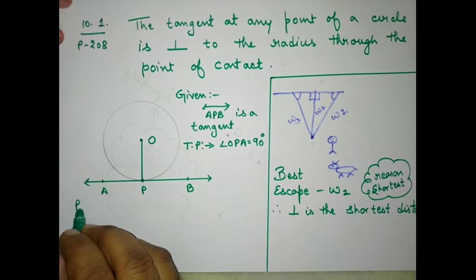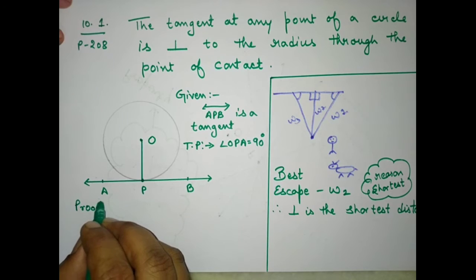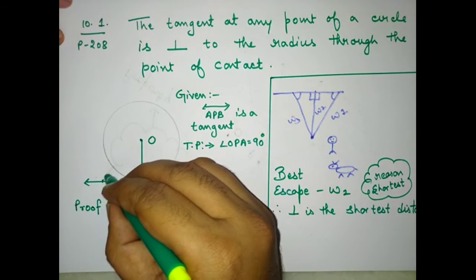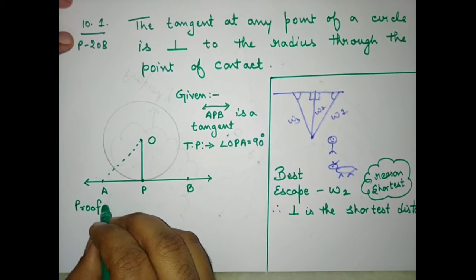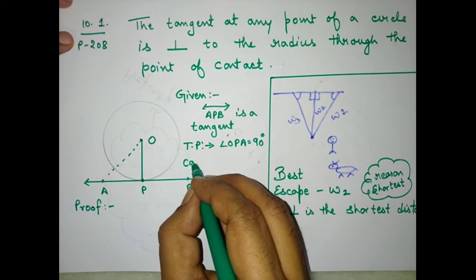So before starting the proof, let us do a small construction. Join O and A. Now my task is to prove that OA is greater than OP.